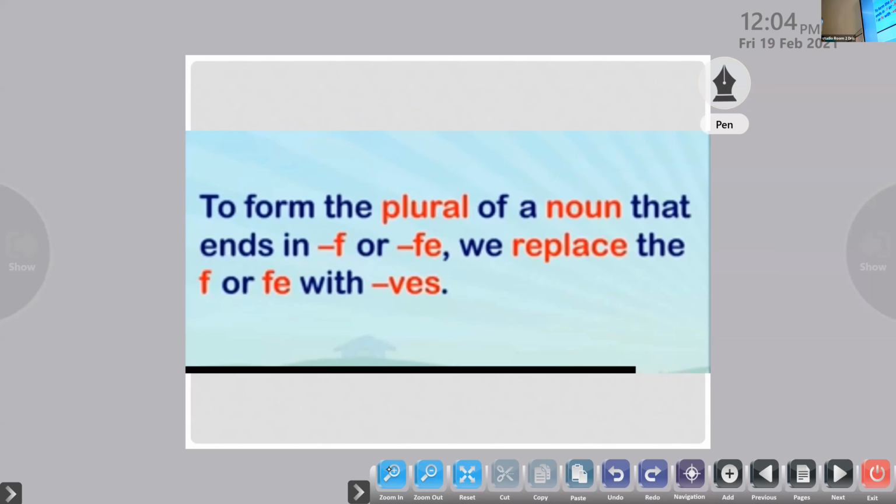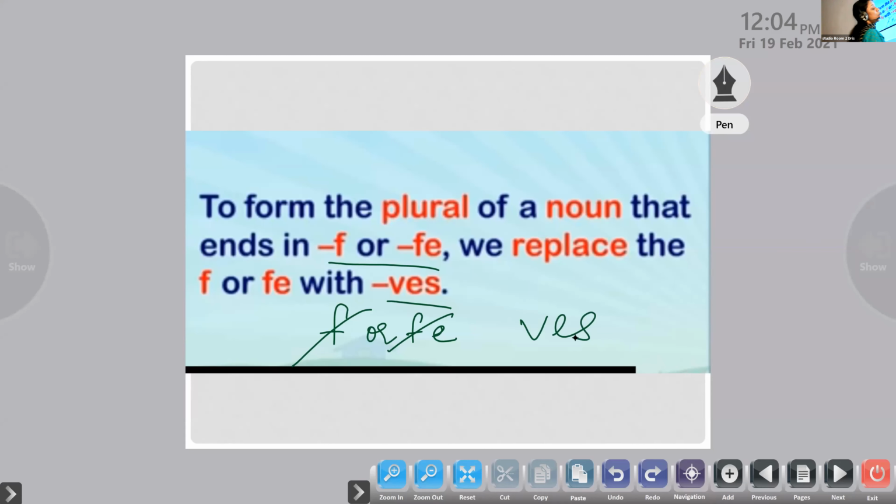If the words end in F or FE, how do we form the plurals? We form the plurals by changing F or FE into VES. Clear? Change it into VES.